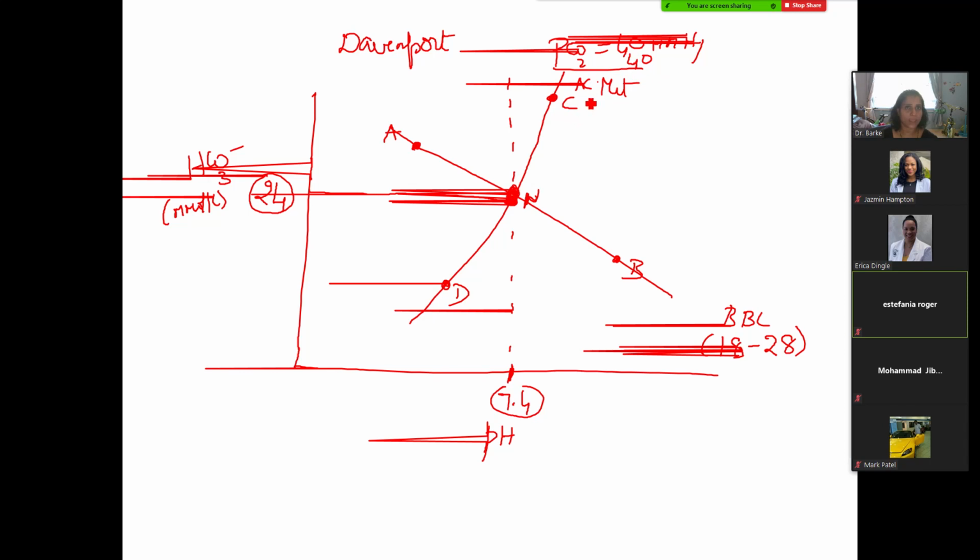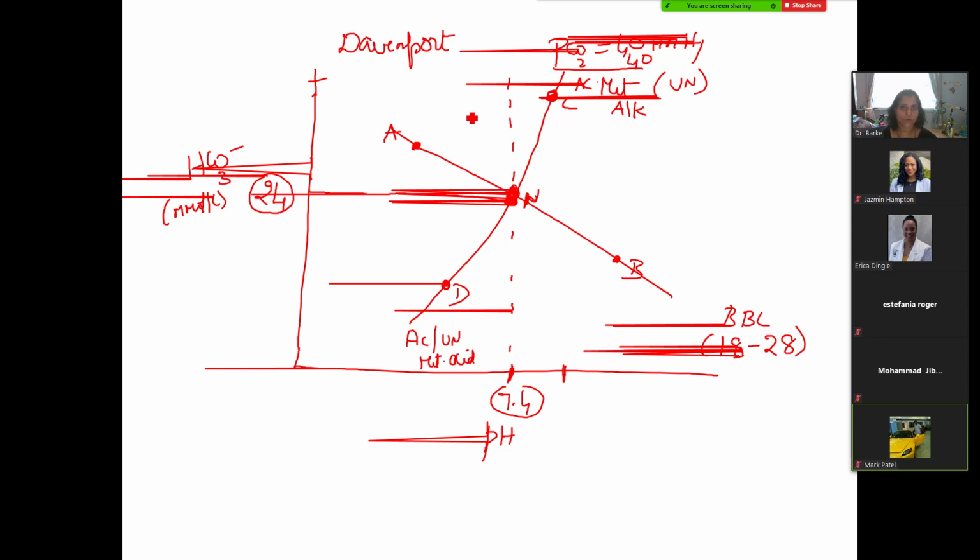So point C is acute, or uncompensated, metabolic alkalosis, because bicarbonate has increased at that point. D would be acute or uncompensated metabolic acidosis.